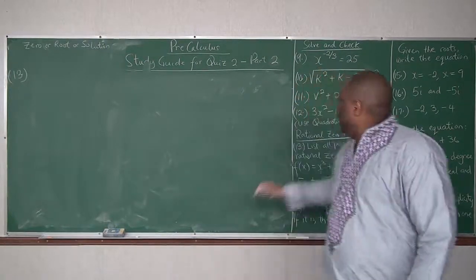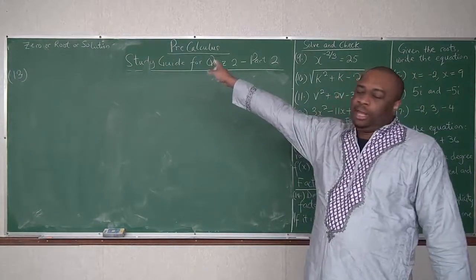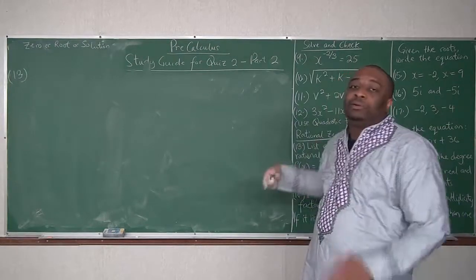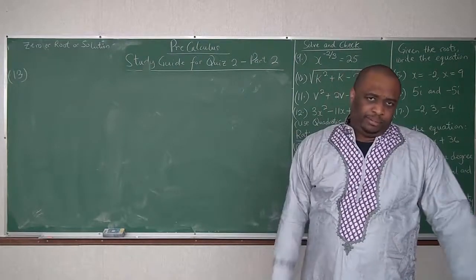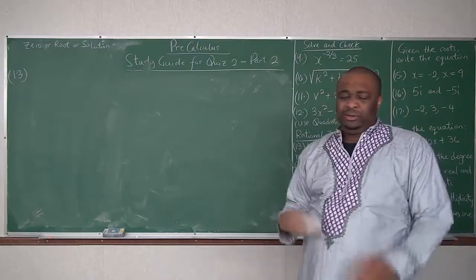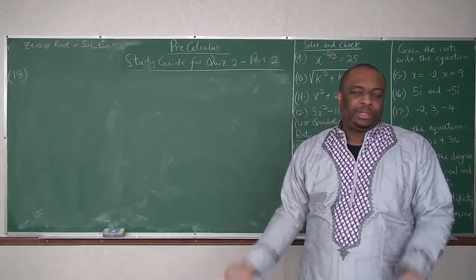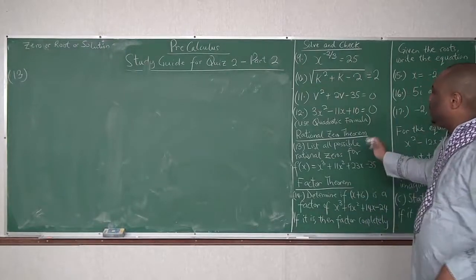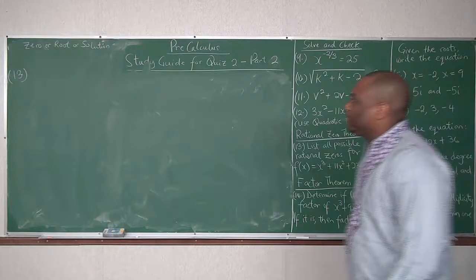But this is the rational zero theorem. We don't say rational solution theorem, but we could say rational root theorem. Some textbooks call it that. When we say find the zeros of this, it means find the roots of this, or find the solutions of this. List all possible rational zeros for this polynomial.